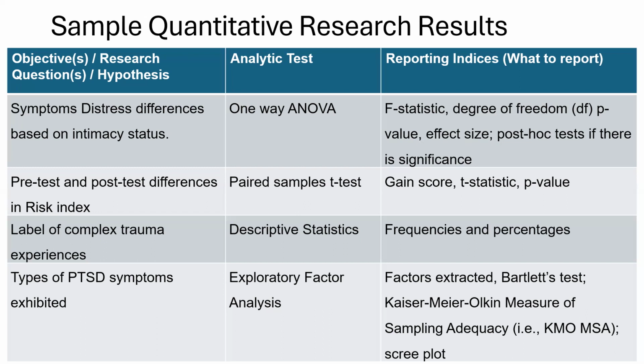one of my students' research objectives is like, by the end of the study, readers will understand baseline characteristics of trainee nurses in terms of symptoms, distress differences based on intimacy.